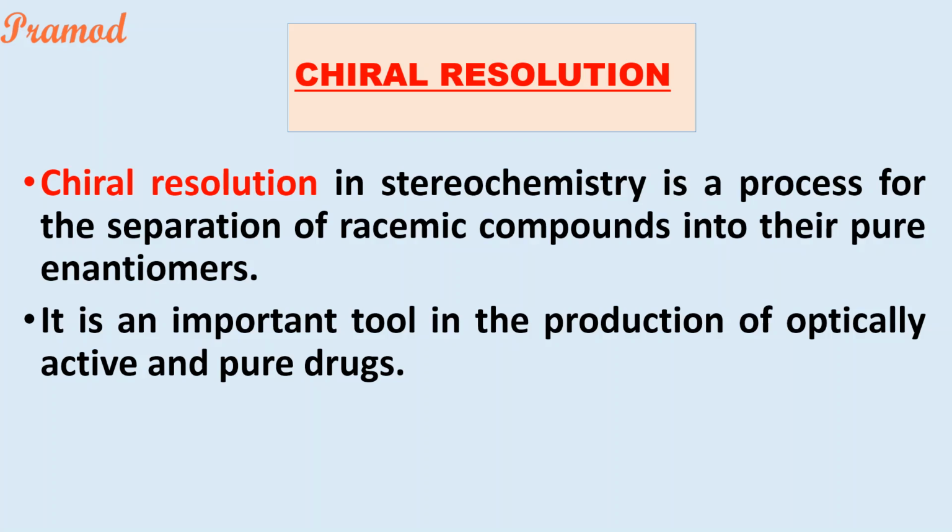Racemic modification is conversion of an optically active compound into its racemic mixture, but chiral resolution is exactly the opposite: from the racemic mixture you separate out each of the enantiomers. This is the most important tool in the production of optically active and pure drugs or compounds.